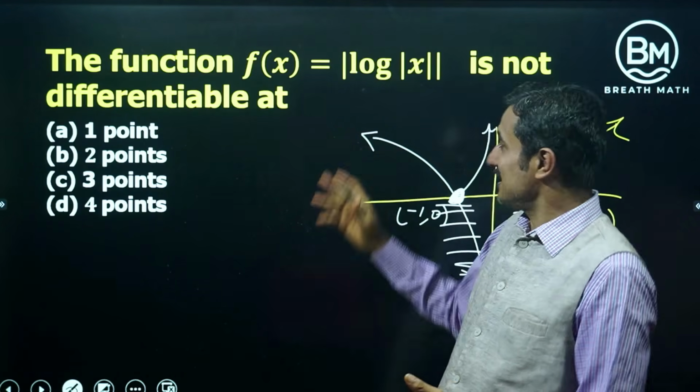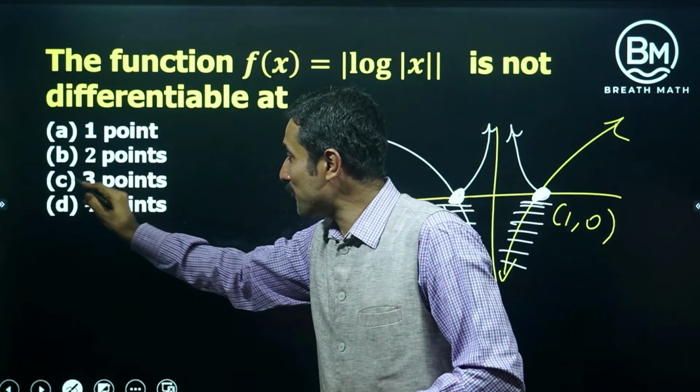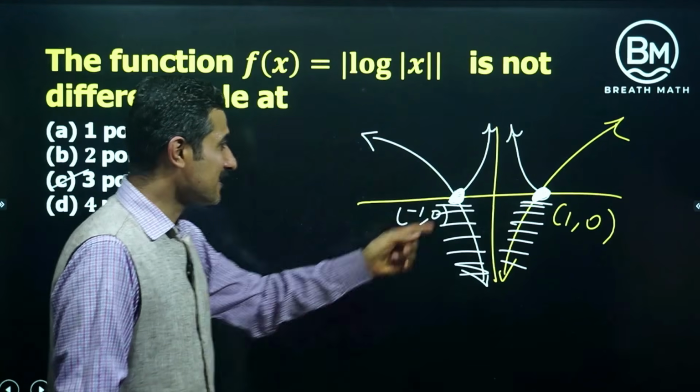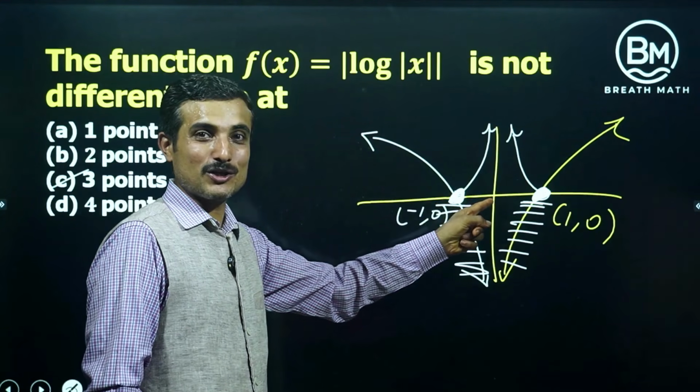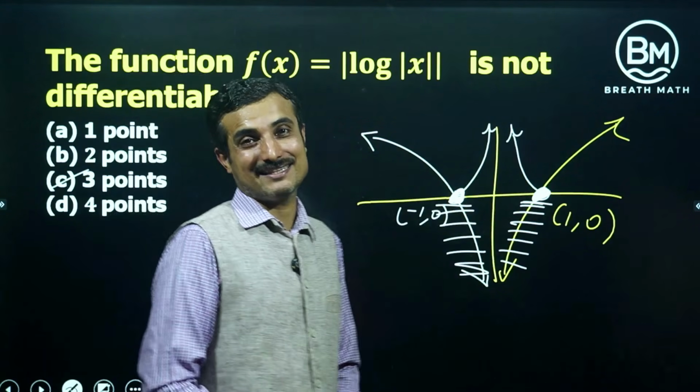The question says it is not differentiable at 3 points. Option C is the correct answer. Reason? It is discontinuous at x equal to 0, and you can see sharp edges at +1 and -1.